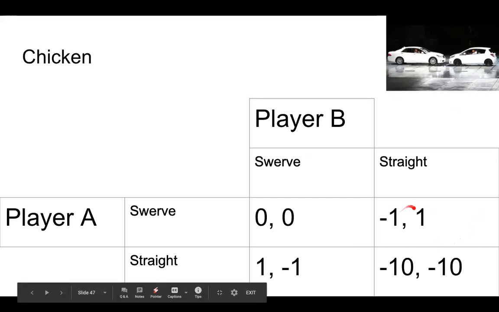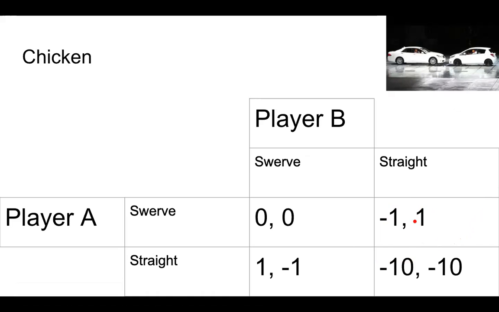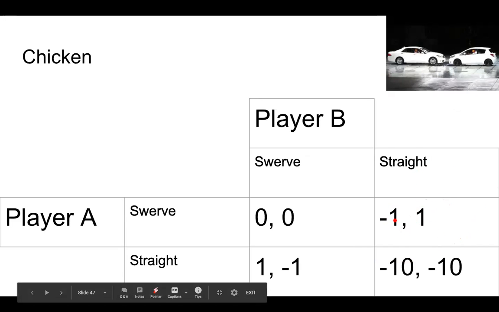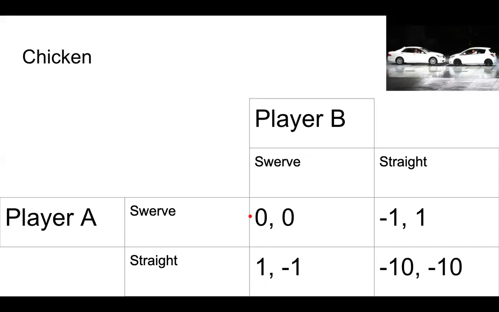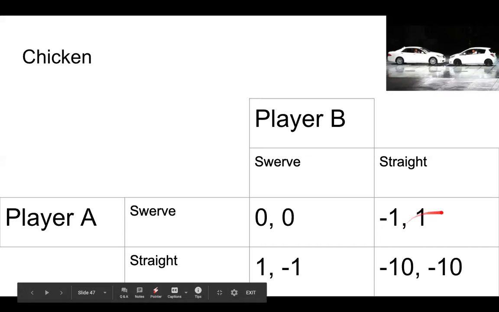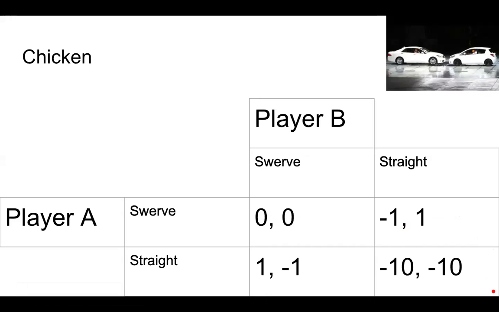And whoever goes straight, they're the cool guy. They get a little bit of honor, so it's 1. And if they both swerve, they're both lame, but nothing happens. But if both players decide to not swerve, suddenly, there's a car crash. That's bad, now the cars are wrecked.